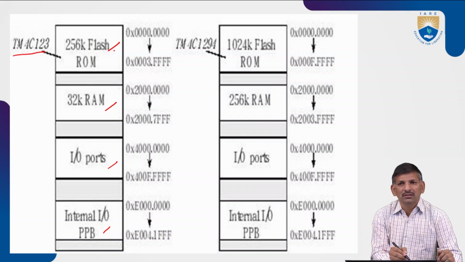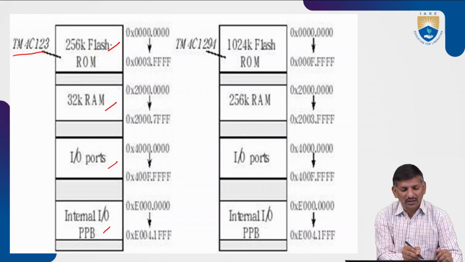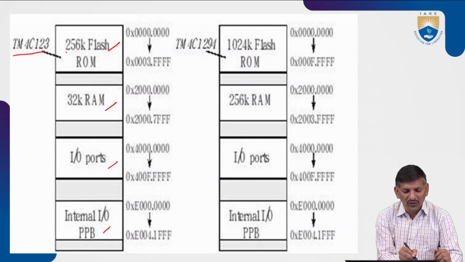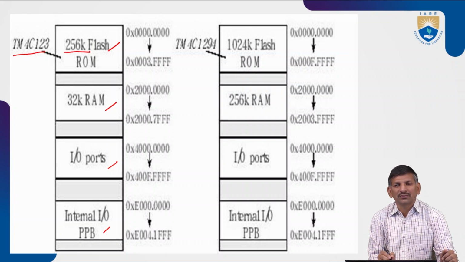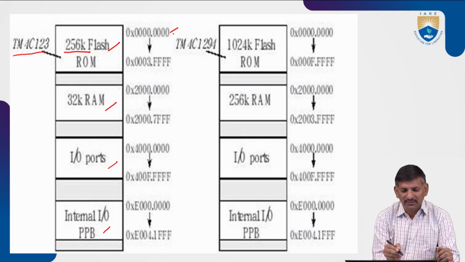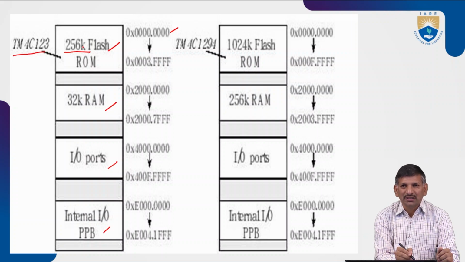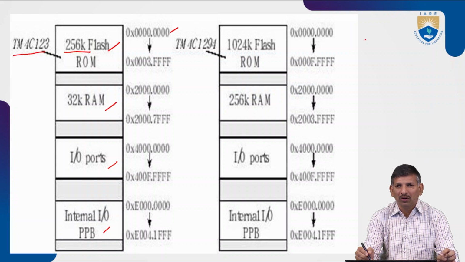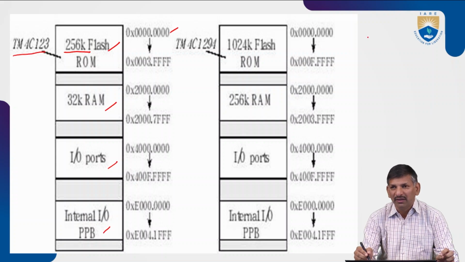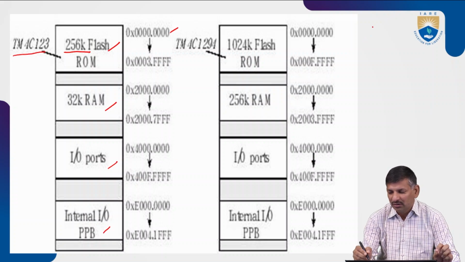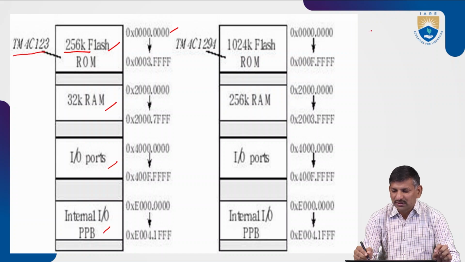Coming to the flash memory, the size of the flash memory for the TM4C123GH6PM microcontroller is 256 kilobytes. So here the starting address is 8 zeros. 256 kilobytes means 256 is 2 power 8, kilo is 2 power 10, 8 plus 10, 18 bits required to assign this address. 18 bits means 4, 4, 16, so 0, 0, 3, FFFF.